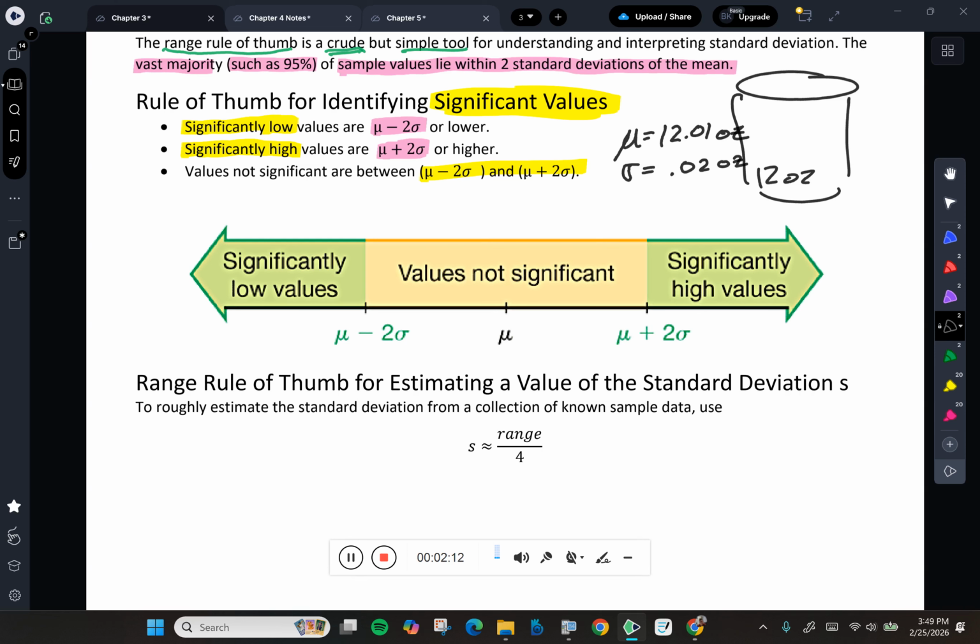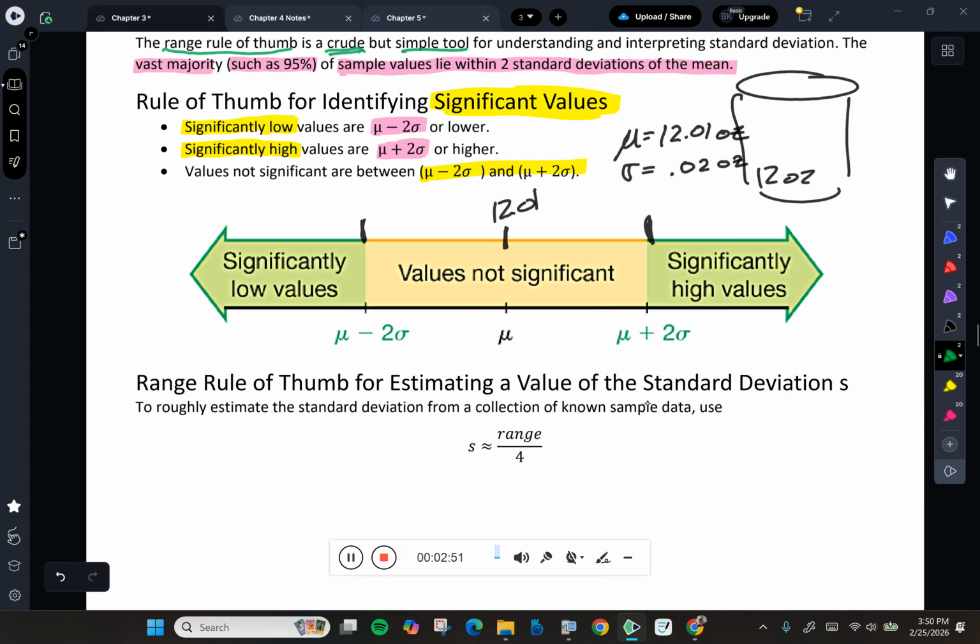So what that tells me is that if I go down to the production floor and grab a can of Coke, the predicted mean should be about 12.01 ounces, and any value between two standard deviations above the mean and two standard deviations below the mean, I would look at that can of soda and go, yeah, that's acceptable. That's where it should be. Nothing's perfect, and 95% of the time I'm going to get values in there, and I'd be okay with that.